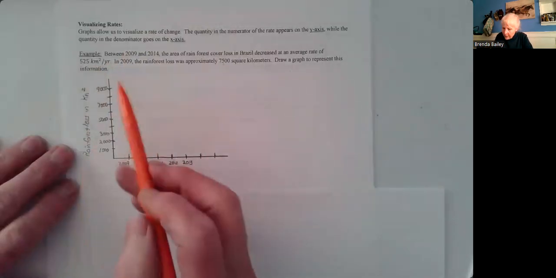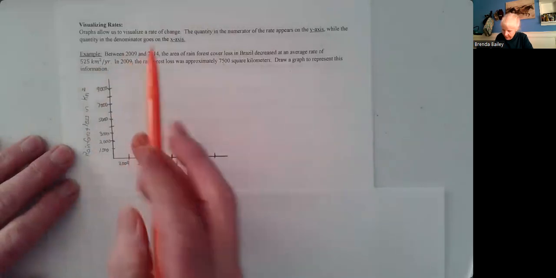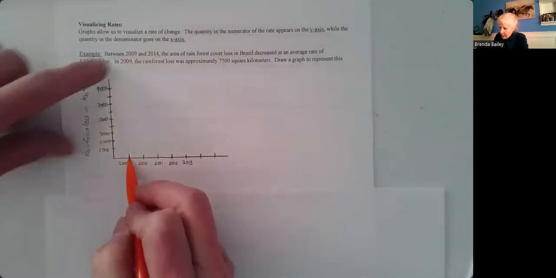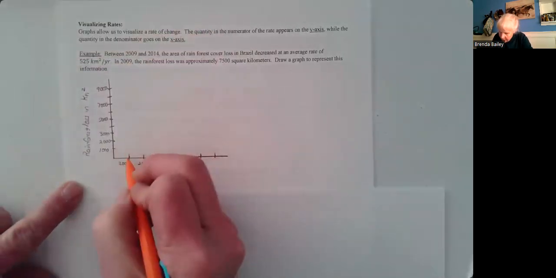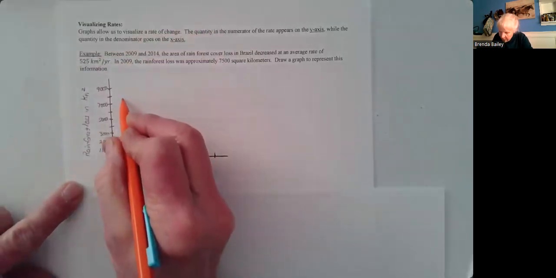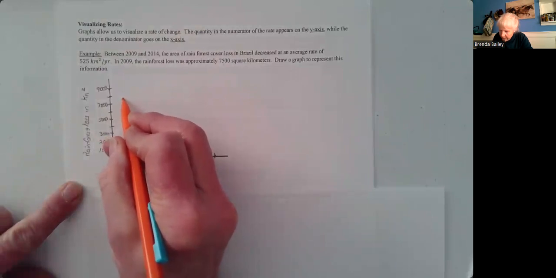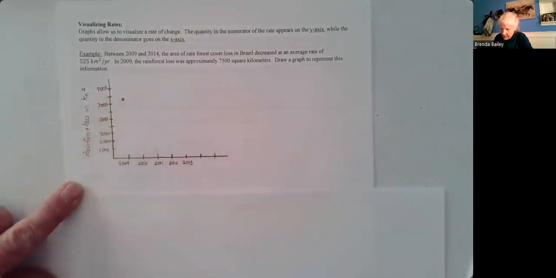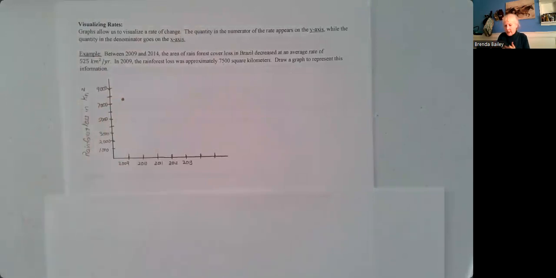So we know that in 2009, we lost 7,500. So 2009, 7,500 is roughly right there between the 8,000 and the 7,000. So now how much is lost for 2010? Well, every year you lose 525.